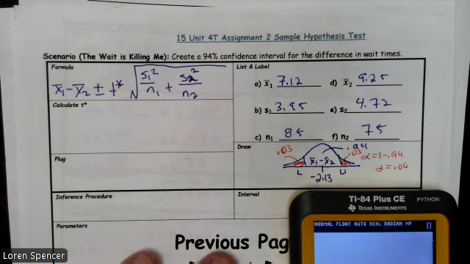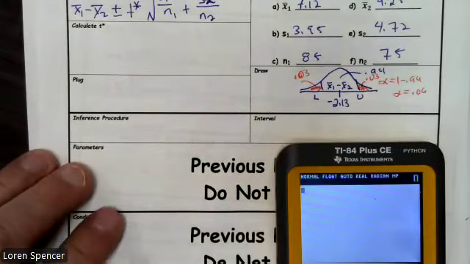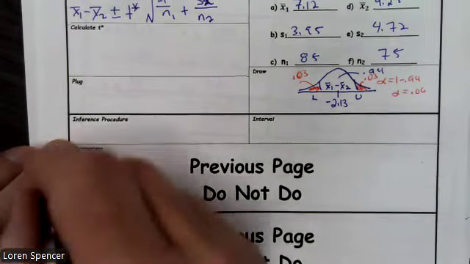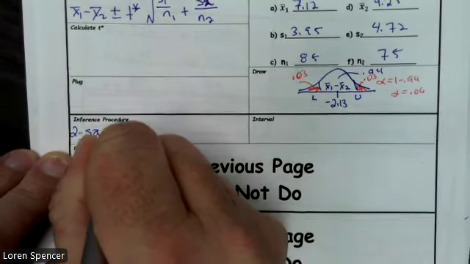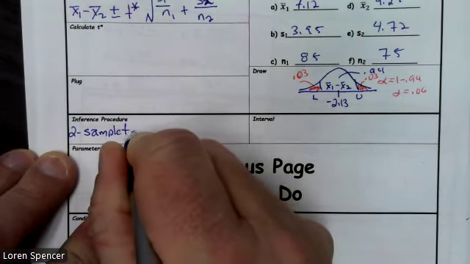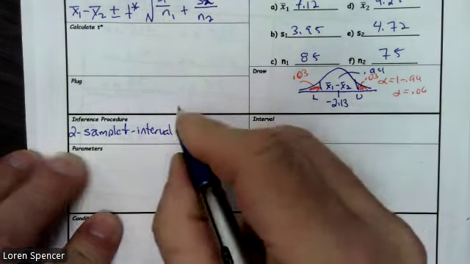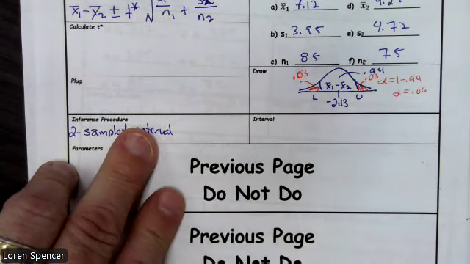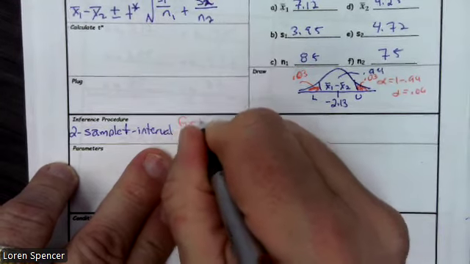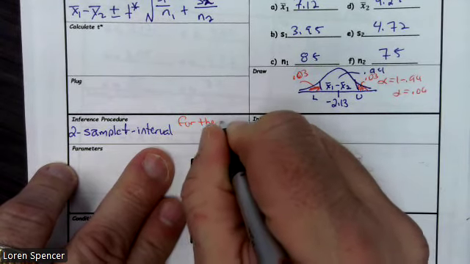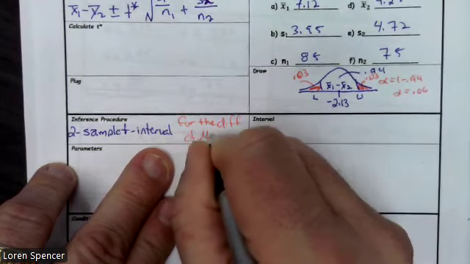So we're going to run the test and get our degrees of freedom and our interval at the same time. Also, we have two samples, so this is a two sample t interval. And if you have that, you're fine for the difference of means.